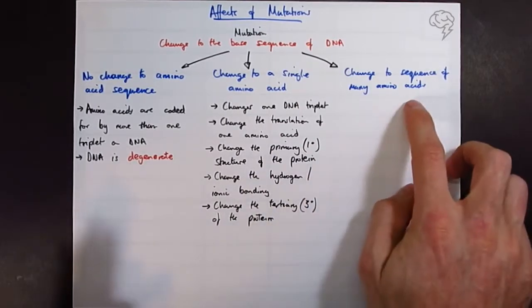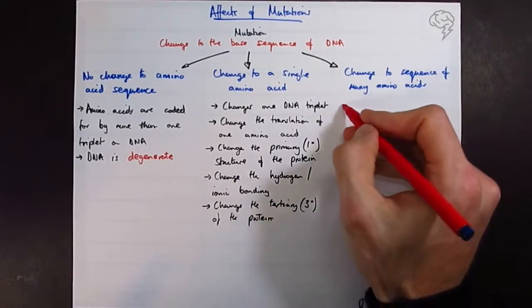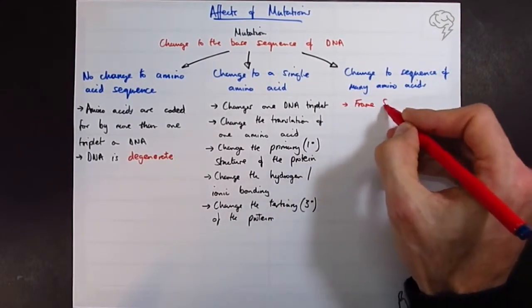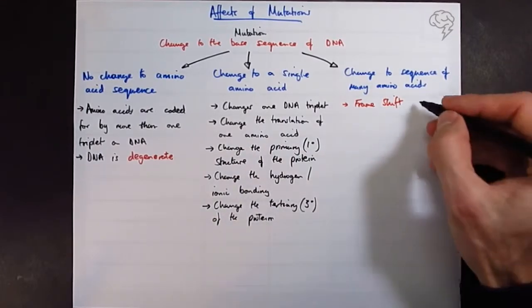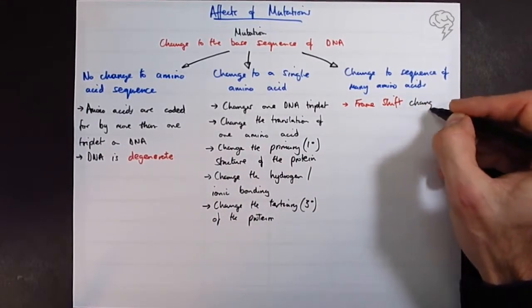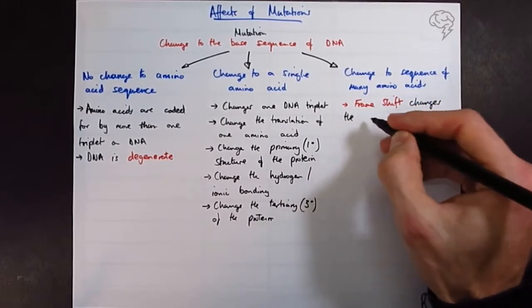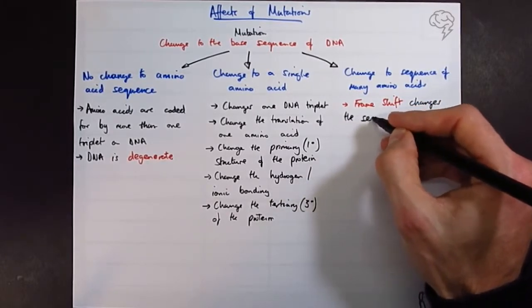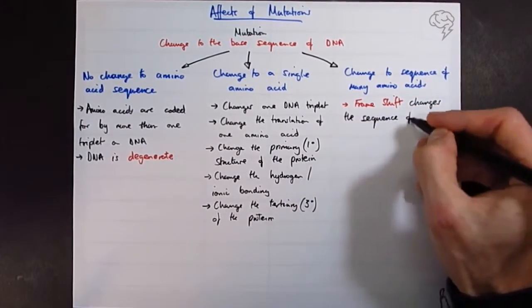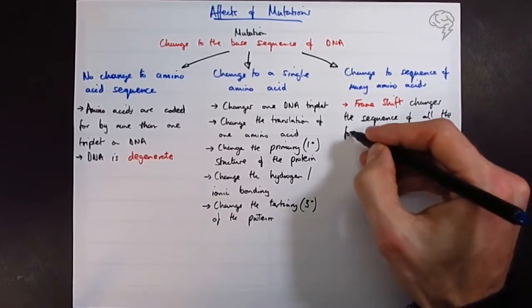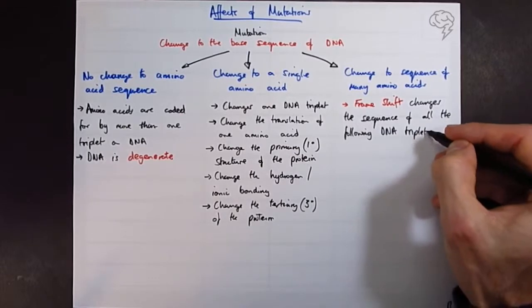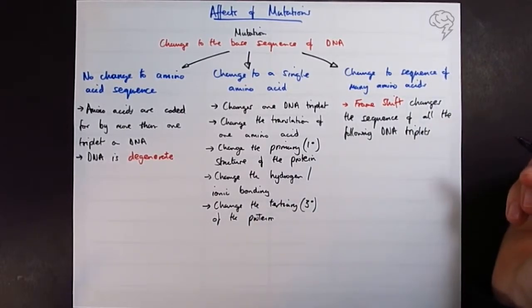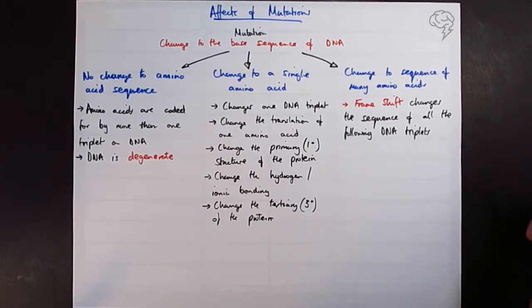Last column, change to many amino acids. Well, this is going to be the result of a frame shift. And a frame shift is when all the following DNA triplets are affected. So if I draw a little example here and test my memory of triplets and coding for amino acids.